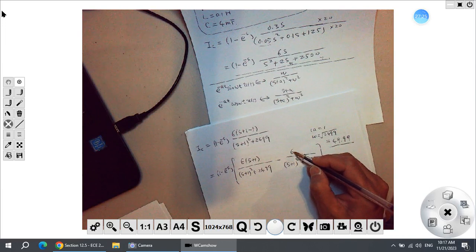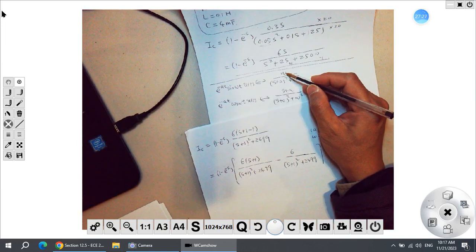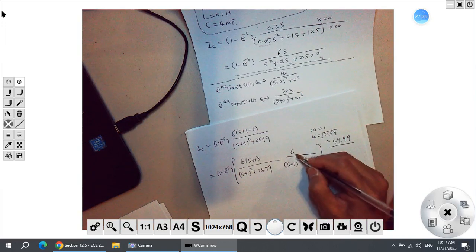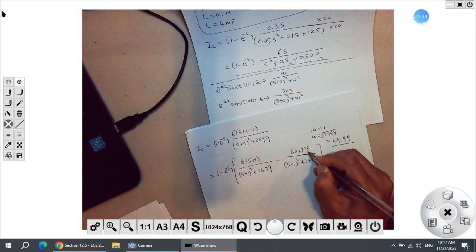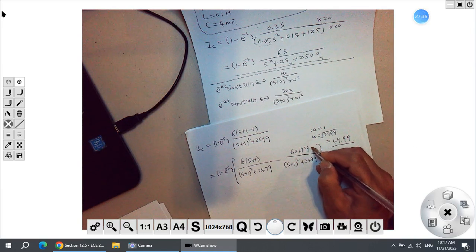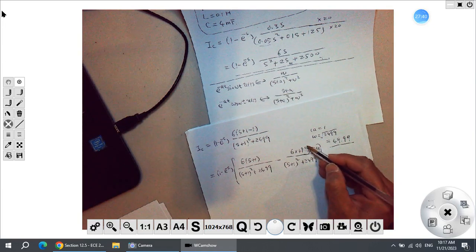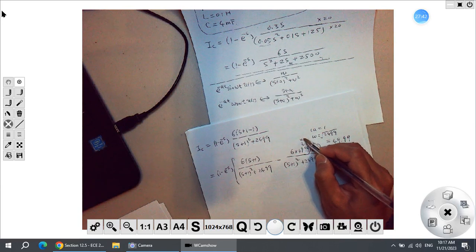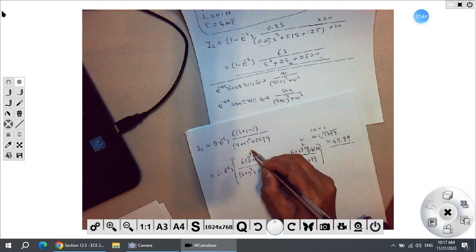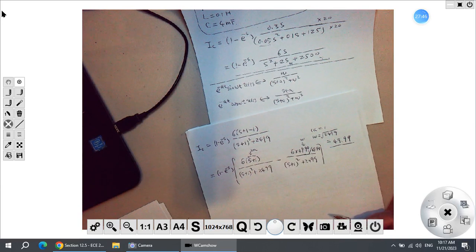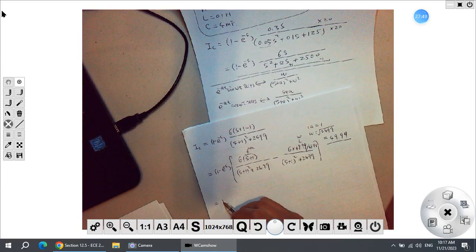Then here I want omega, but now this is 6. So how to do it? I multiply by 49.99 and divide by 49.99. So I have an omega here, right? This is omega, and this part is s plus a. Okay, one more step.